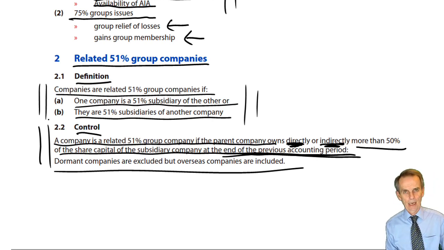I would like you to establish how many related 51% group companies there are, and what that means in the context of the profit limit that you will use for each company. And why do we care about the profit limit? Well, you need to answer that. What does it mean?